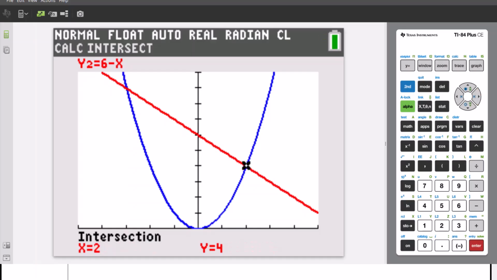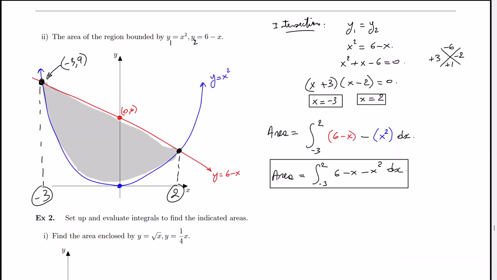And once you click enter, you should see the intersection is 2 with the y-coordinate being equal to 4. So according to the calculator, this point here has coordinates 2, 4, and that's where I'm getting my 2 basically from. So you can either solve it manually, and that's the ideal option, or you can confirm that you solved it correctly by doing the steps that I just showed you.